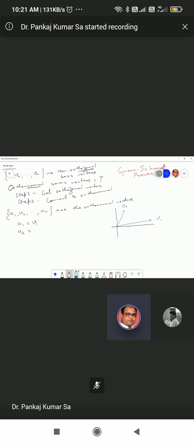As per my steps, what I have done, I have taken this vector v1, u1 is equal to v1. This is what I have written. So this is my u1 vector. Now I need to find u2 in terms of v2. So what I'll do here, I'll go for a projection.